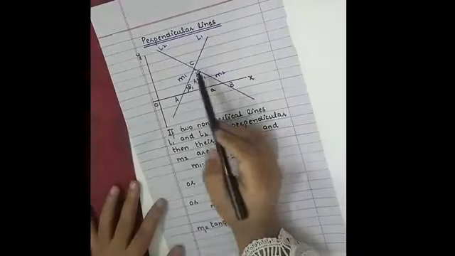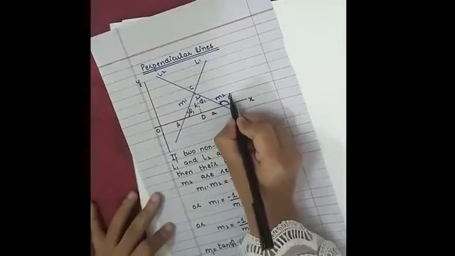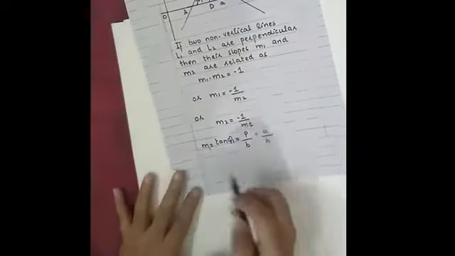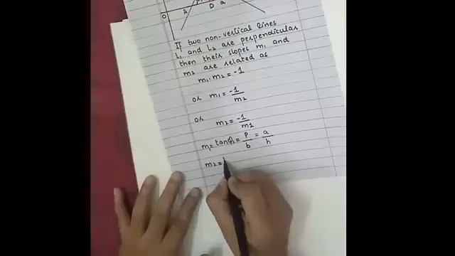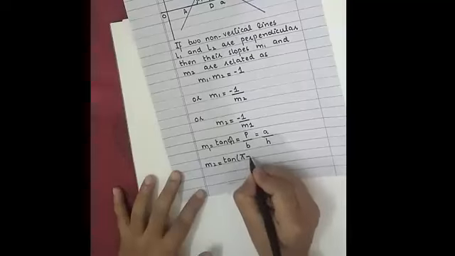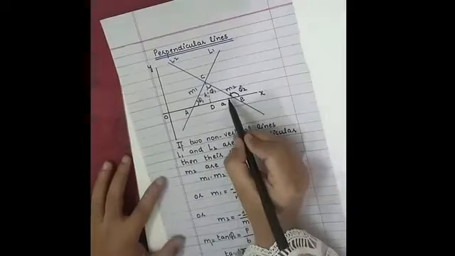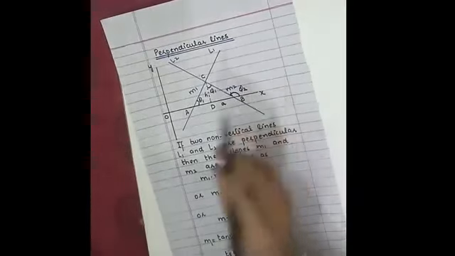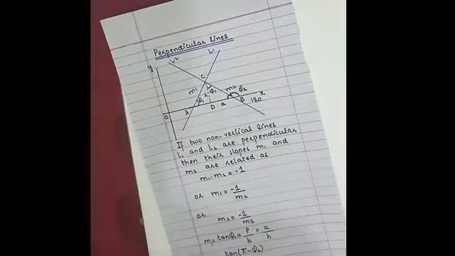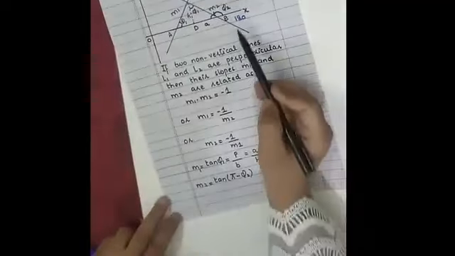Now we will calculate M2. For M2, this will be the angle theta 2. So M2 is equal to tan, and now the angle will be pi minus theta 2. Why? Because this whole part is equal to 180, and we have considered only this part, so we will subtract theta 2 from this 180.